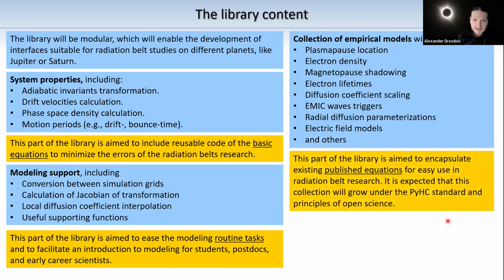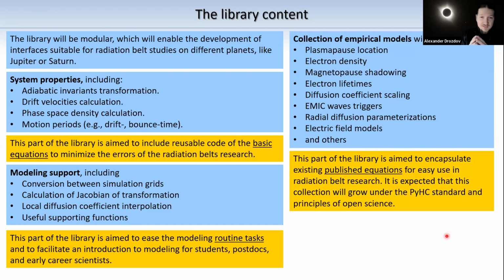And finally, and this is the most exciting part, I think, a collection of empirical models. Here is where I see the most contribution should be happening. I would like to include a set of published equations. If there is an empirical model published in a paper and there is a literal formula written, we usually end up taking this formula and writing our own equation in our own code.